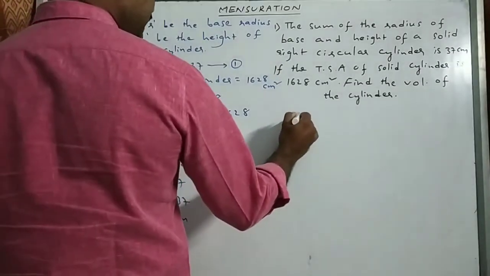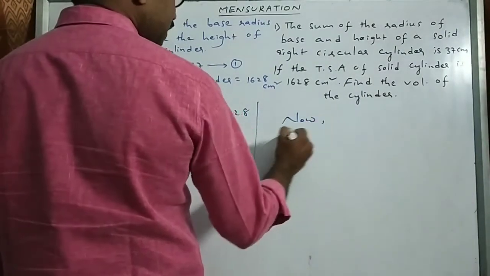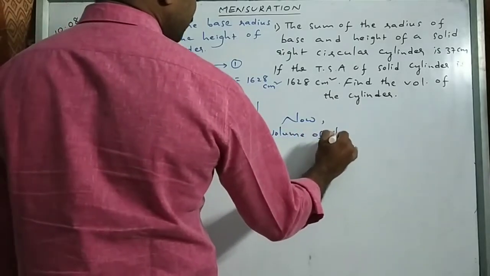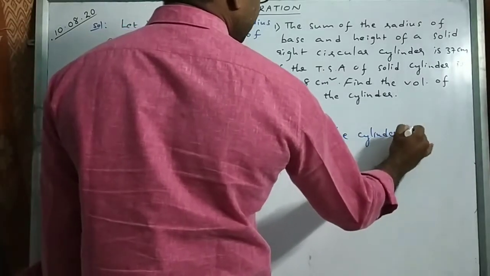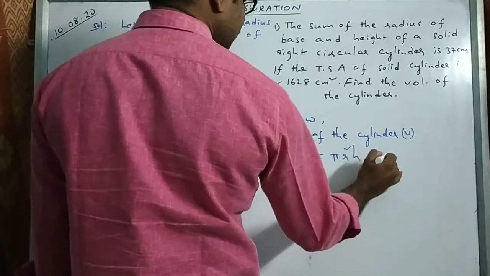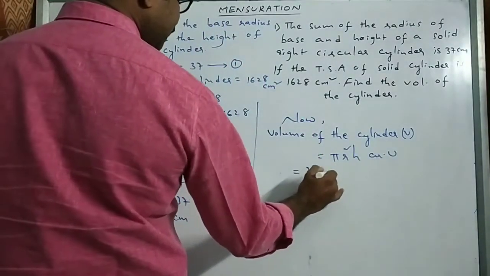Now what should you find here? Volume of the cylinder. V equal to, what is the formula? Pi r square h, cubic units. Pi value 22/7.